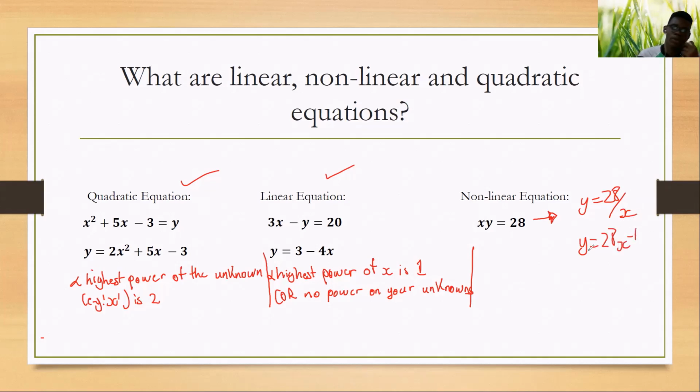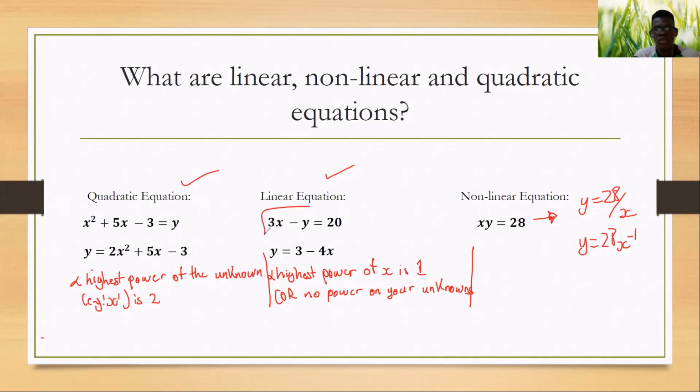For those of you that remember your laws of indices, it'll be expressed as 28x to the -1. And you see here that the highest power of x is not actually 1, it's actually -1 if you rearrange this, right? Good.